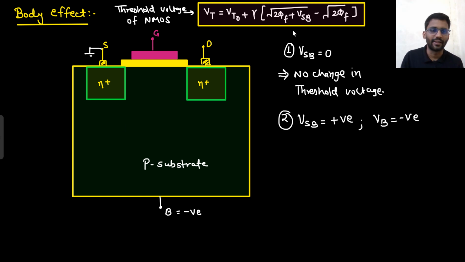Why so? That I will tell you. This is source which is at 0. Body is at negative now. There is a diode. This is P substrate and this is N. Here you are having negative potential, and here you are having 0. If you are applying negative potential at base, what are you doing?